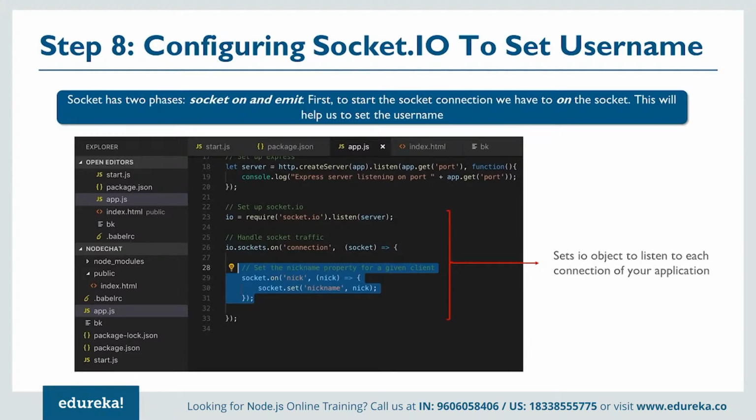There will be socket.io code on the browser also, which will send a message to the server using the socket.io library, and then this callback will be fired saying, hey, we have a new connection. And on the server side we will set a nickname. This can be nickname or username, anything, but in our case we are using nickname. So this will basically handle the incoming socket traffic and listen for new connections.